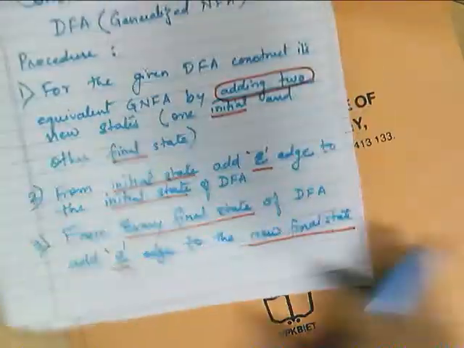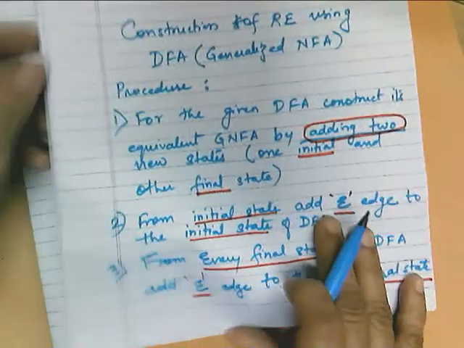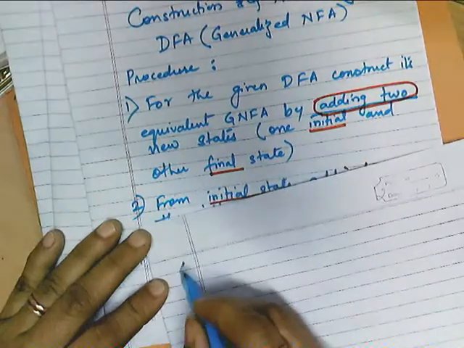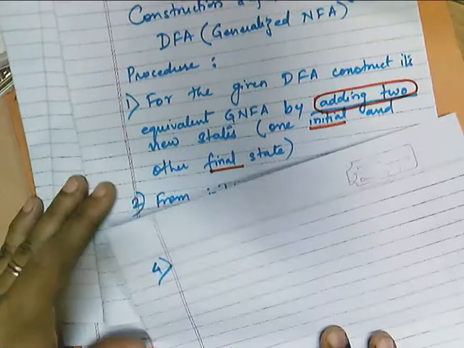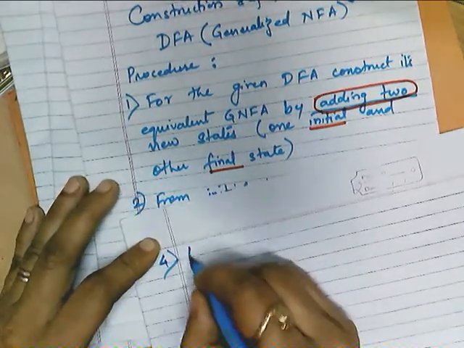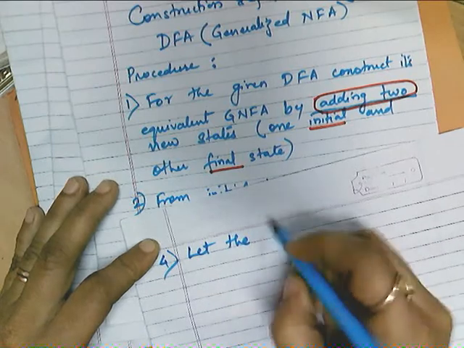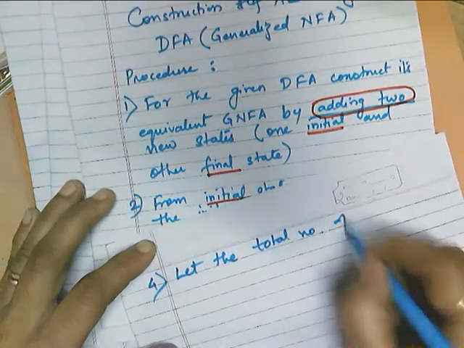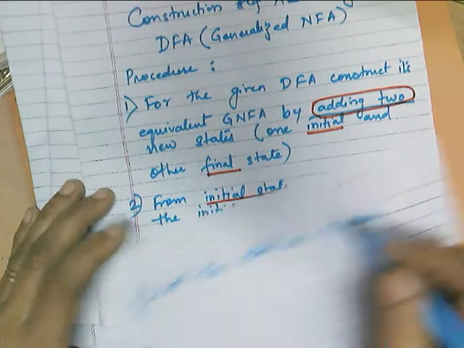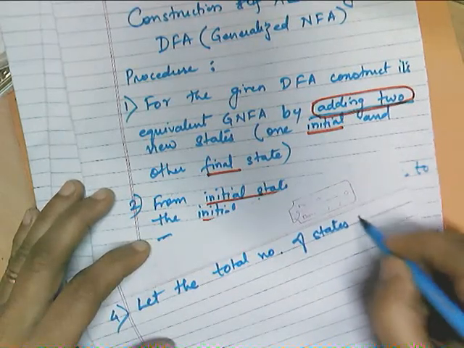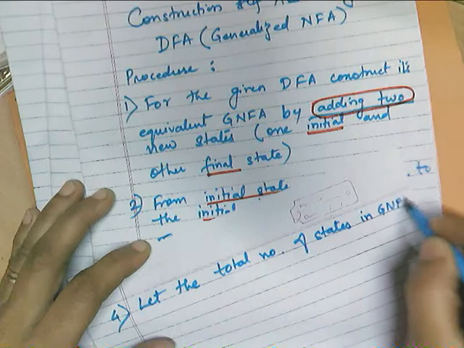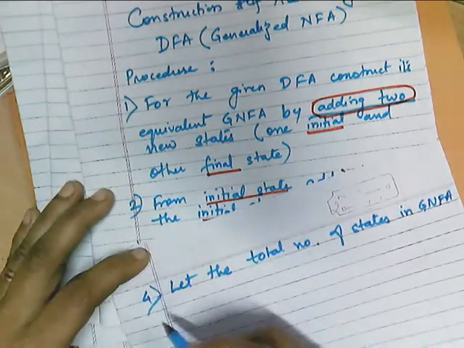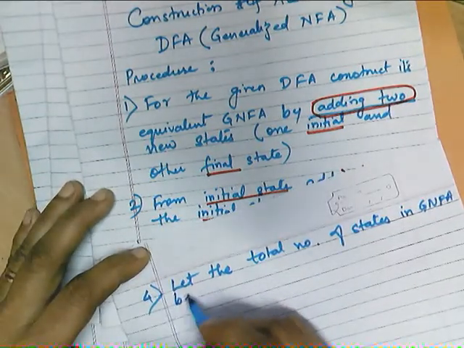Now the next step, which is important again to have this conversion, the fourth step is, let the total number of states in the GNFA be n.